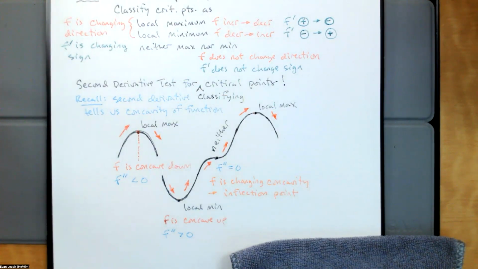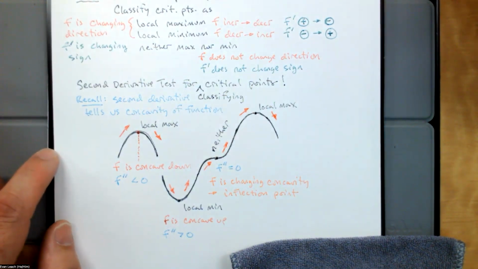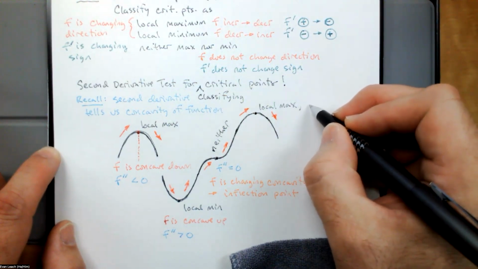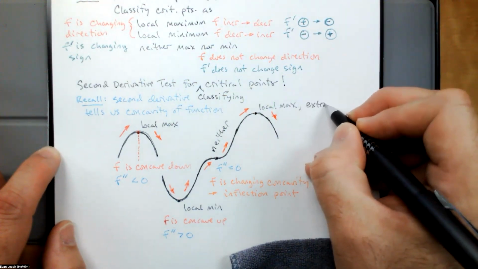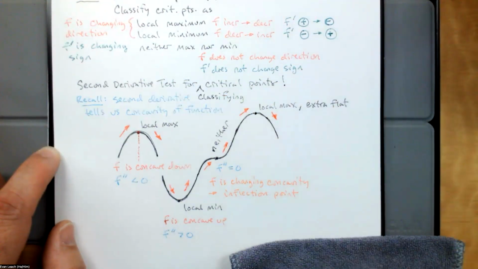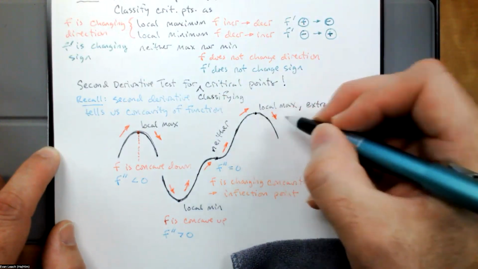It's possible that the second derivative be equal to 0 at a critical point. If we have a local maximum and it just happens to be very flat, it's possible to have a local maximum and the second derivative be equal to 0.